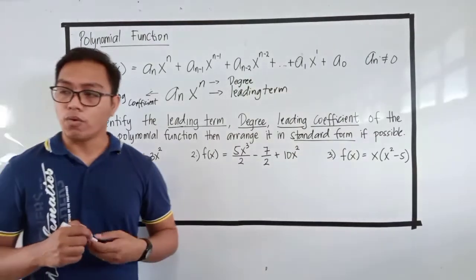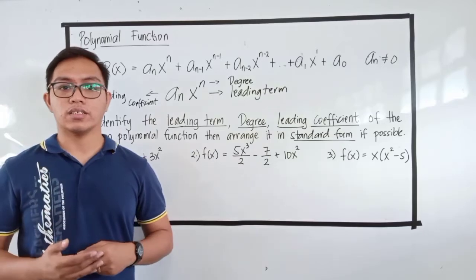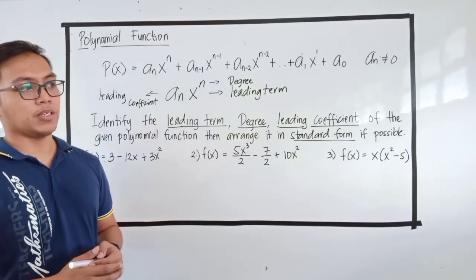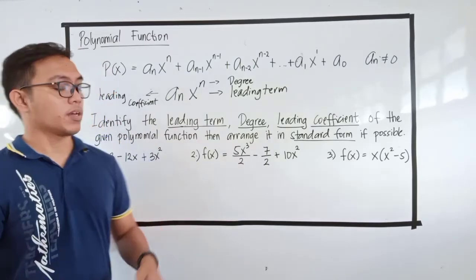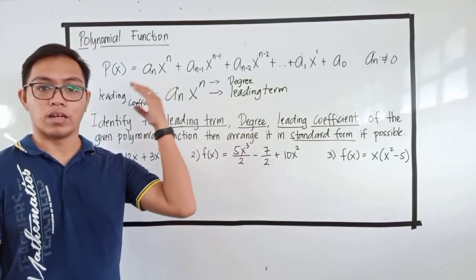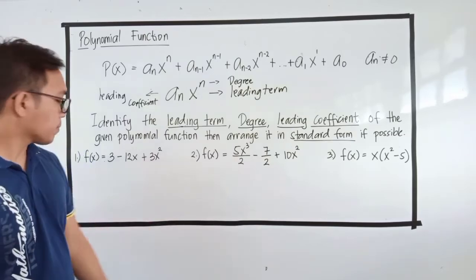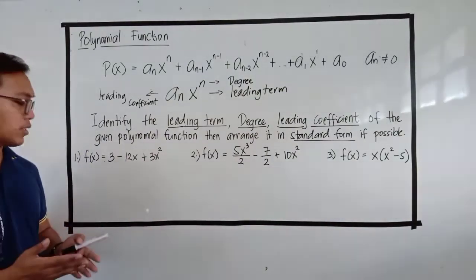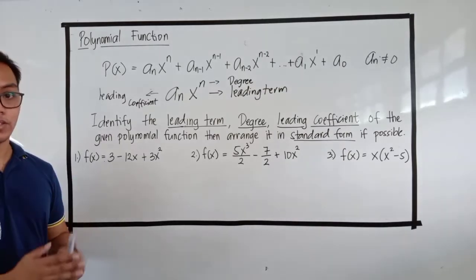By the way, when we say standard form, it means that the degrees or the exponents of a given polynomial function are arranged in descending order, meaning the exponent must be from highest to lowest. Let's do this. Number 1, we have here f of x equals 3 minus 12x plus 3x squared.